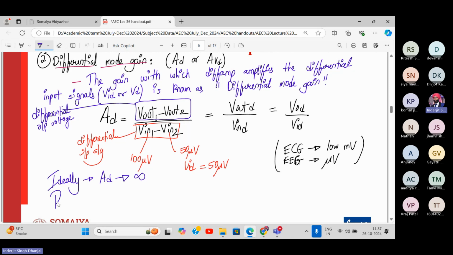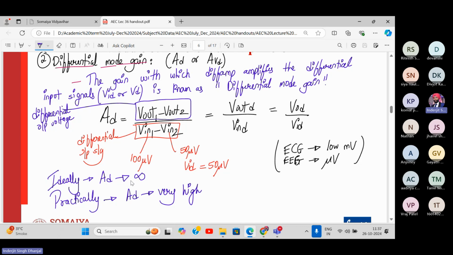And practically, the value of differential mode gain should be very high. If this value is very high, it can amplify even the smallest difference between the two signals. And that is the function of a differential amplifier. So for a very good differential amplifier, the figure of merit indicates it should have a very high differential mode gain.